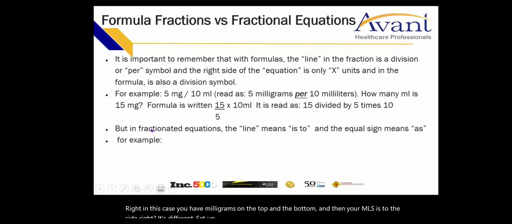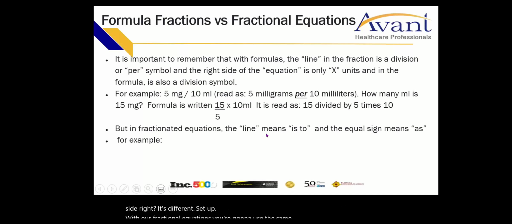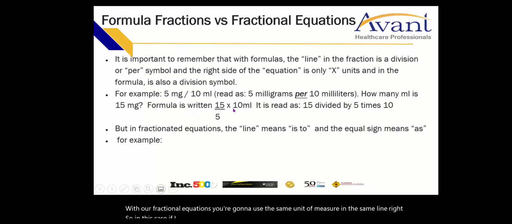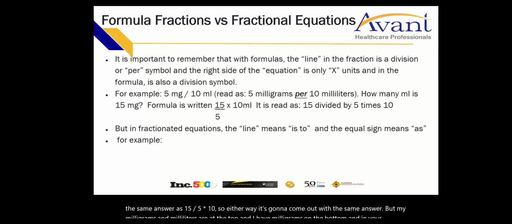With our fractional equations, you're going to use the same unit of measure in the same line, right? So in this case, if I drew a line here, I can do 15 times 10 is 150 divided by 5, right? I would still get the same answer as 15 divided by 5 times 10, right? So either way, it's going to come out with the same answer. But my milligrams and milliliters are at the top, and I have milligrams on the bottom. And in your fractional equations, it's the other way around, right?